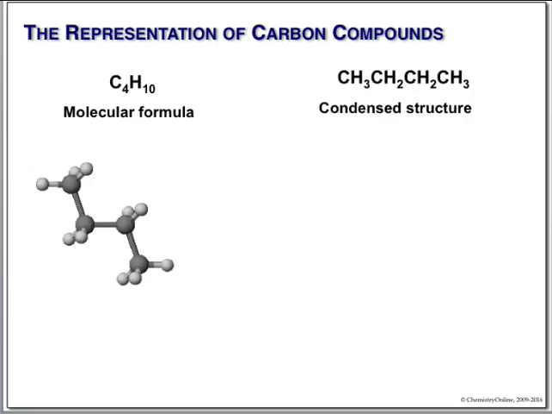This is what you'll see mostly in textbooks. In a condensed structure, we simply say we have a CH3, then a CH2, another CH2, and a CH3. It's nice because it tells us the connectivity. It doesn't tell us much about the geometry, but at least we know the connectivity of the molecule.